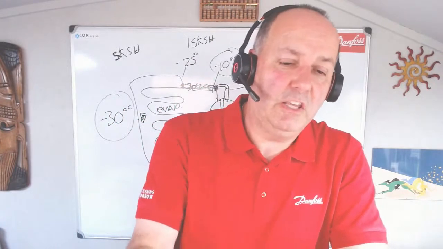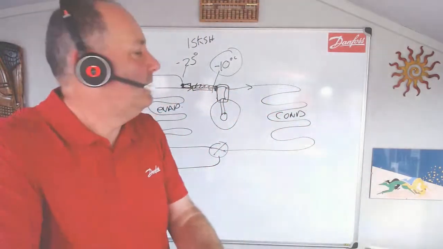So it artificially keeps the evaporating temperature high. That's the easiest and simplest way to do it. And again, for more detailed information on that, please have a look at the Danfoss learning material as well.